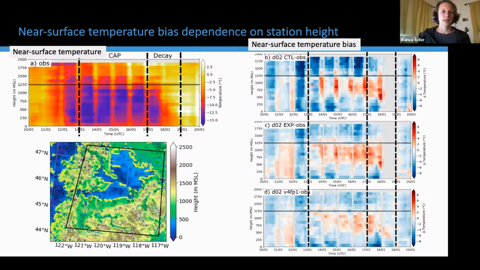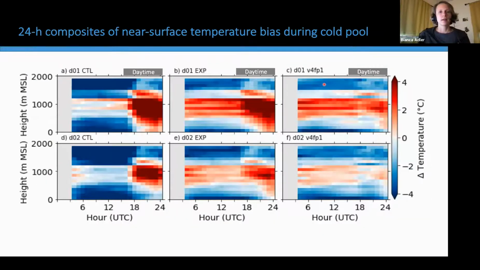In addition, you can see that especially in the control configuration, you have a very strong diurnal cycle in the bias with a very strong positive bias during daytime. So to better visualize that for all 6 configurations, we computed 24-hour composites using 4 days of the persistent cold pool. The left panel here shows control, middle panel experimental, and right panel version 4 for the 2 domain sizes.